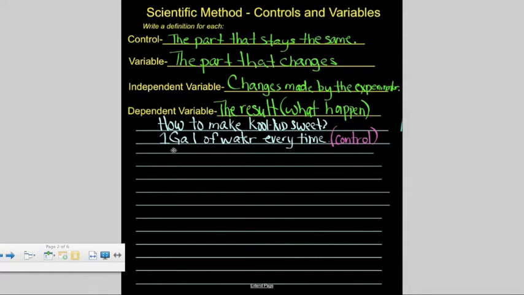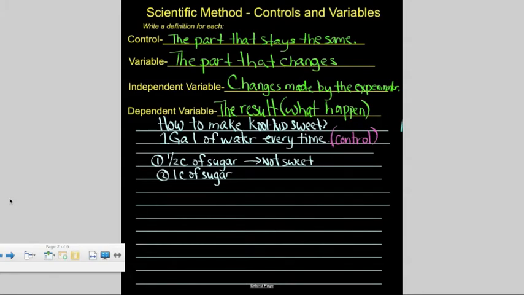The first time, I'm going to use a half a cup of sugar. That's my first trial. And then I taste it and I see it's not sweet. So the second time, I'm going to use 1 cup of sugar.